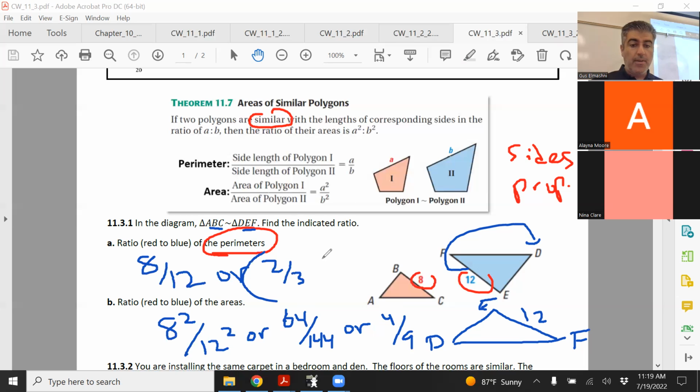Which really is that squared. That gets you 4/9. Now, why do you square when you try to find the ratio of the areas? Why do we square? Let me do a little thing off to the side here. What if I have two triangles, or two right triangles, let's say?